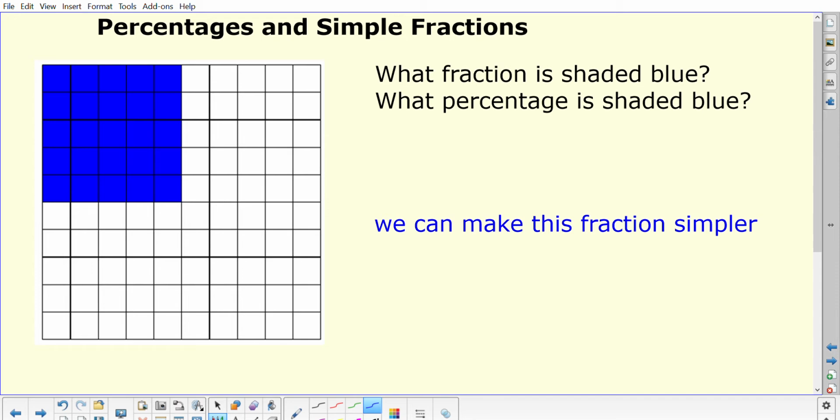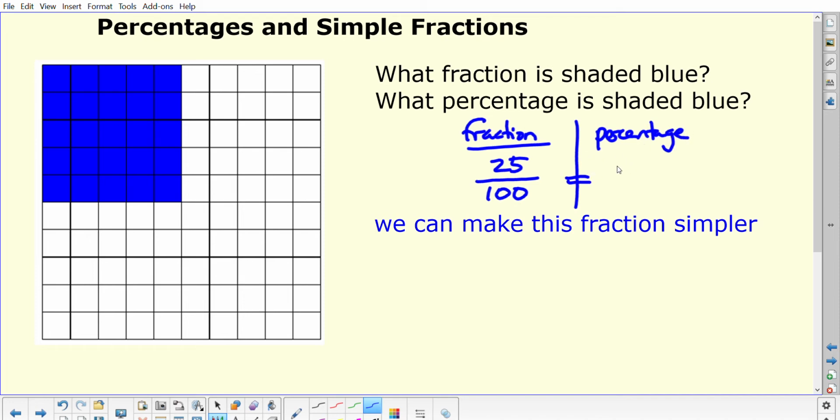If you count how many boxes there are, your fraction would be 25 out of 100, and your percentage would therefore be that 25 out of 100 is the same thing as saying we've got 25% shaded.